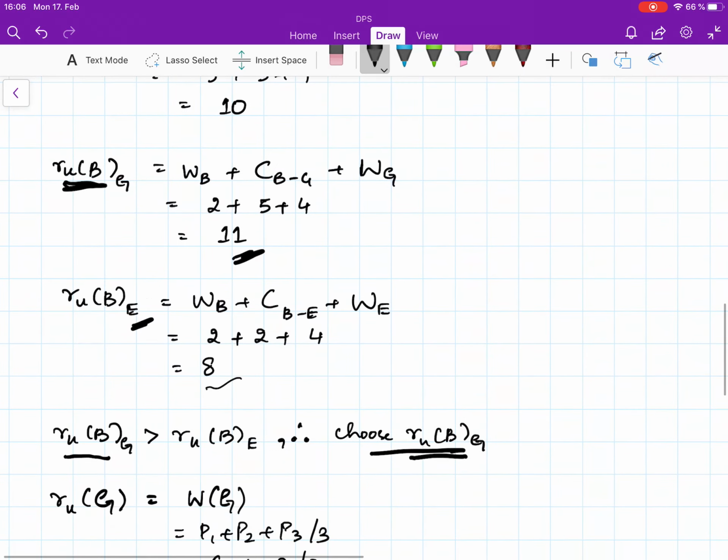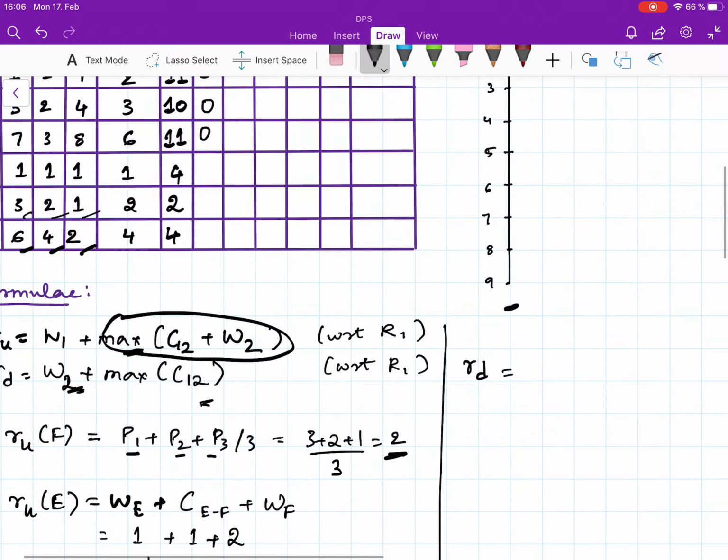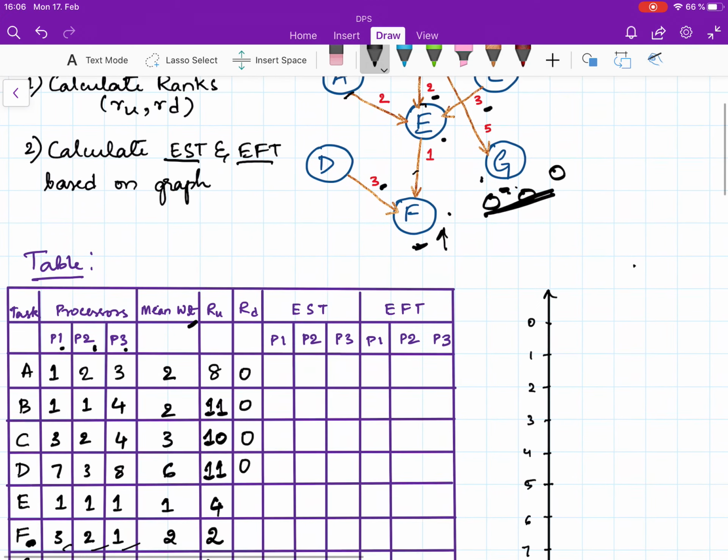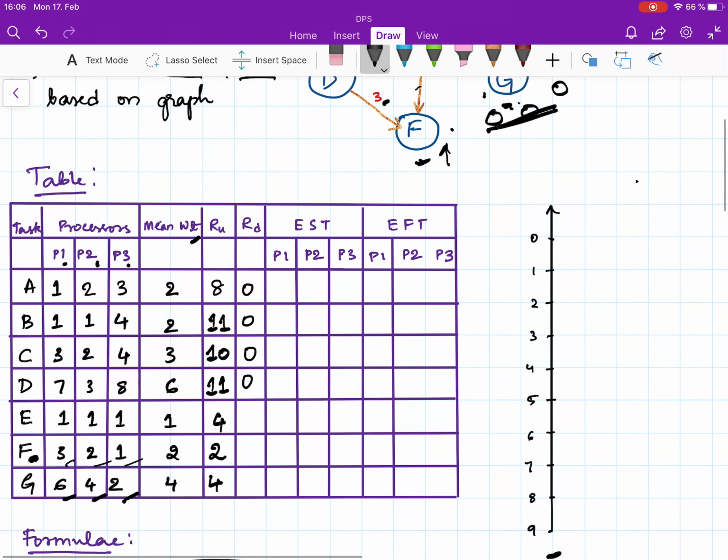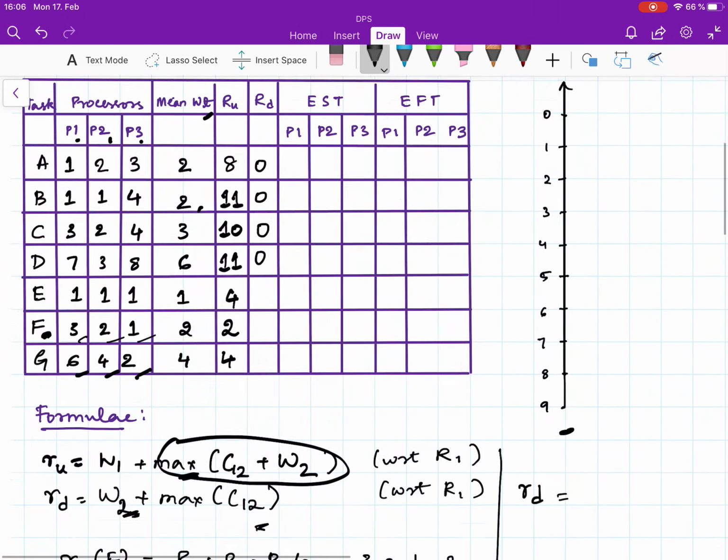So RD of G would mean you take the weight of B and add their communication cost. The weight of B from the table is 2 and the communication cost is 5.